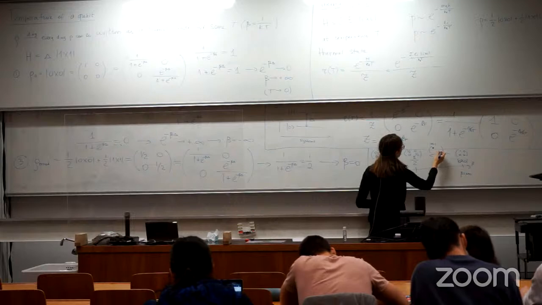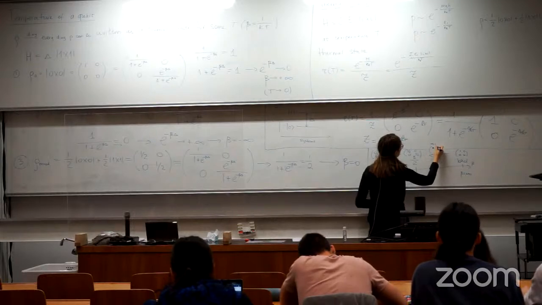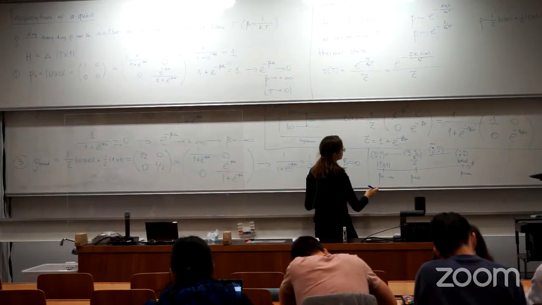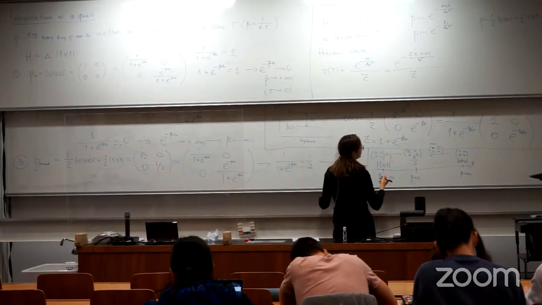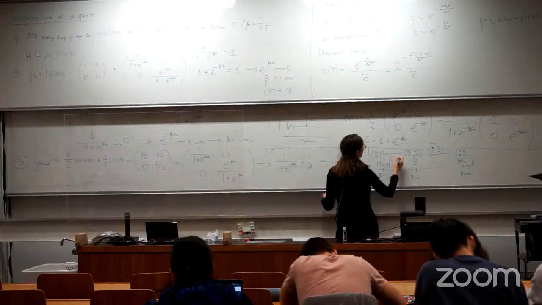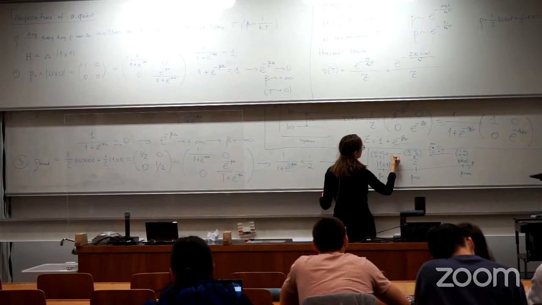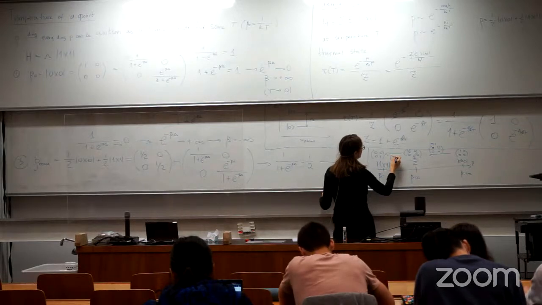And moving from 0 to minus infinity, we would have a state with the opposite population. So we would have less population for |0><0| and more population for |1><1|.